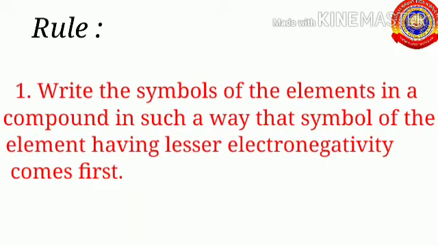Now let's discuss another way of writing chemical formula using valency. There are certain rules. First one, write the symbols of elements in a compound in such a way that the symbol of the element having lesser electronegativity comes first. It means atoms with electropositive nature come first.